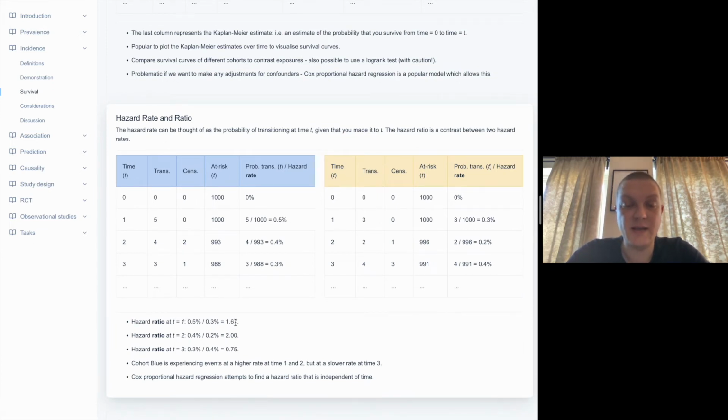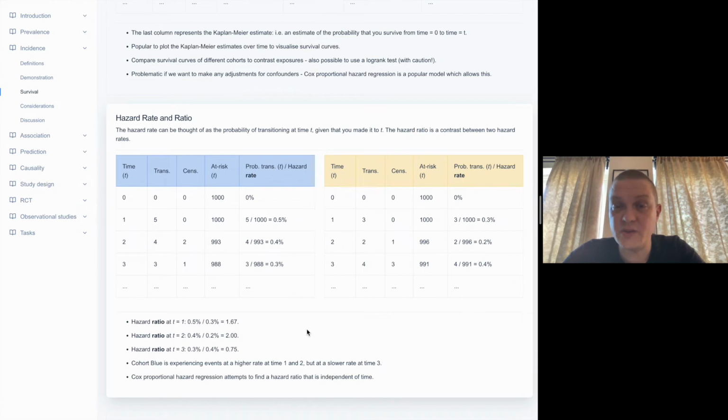So it's a comparison or a contrast between two hazard rates. And it tells us, if we want to think about it more abstractly, what's the relative speed between these two cohorts, in a sense, at which they are experiencing these events. And if you have a higher hazard ratio, then one group is experiencing this a lot quicker.